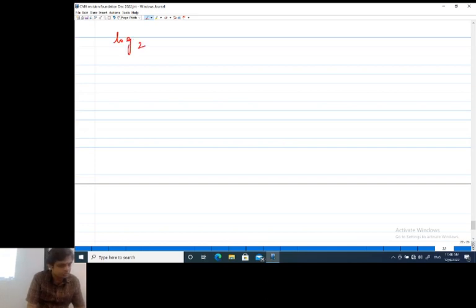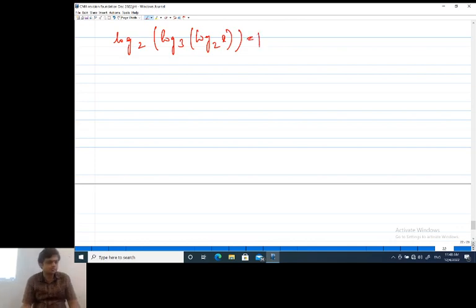Log of 2 of log of 3 of log of 2 of x equal to 1. Okay? Now, let us go in reverse. When you go in reverse, you will get the answer.